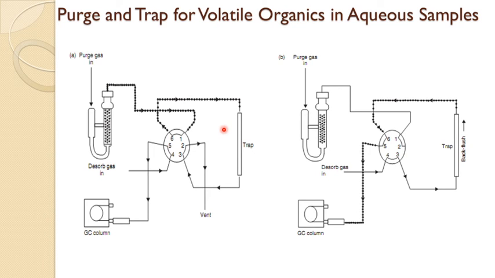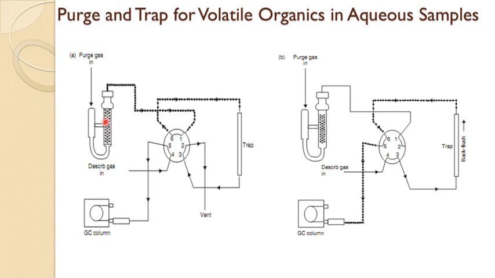Then the most important approach or application, that is the purge and trap for volatile organic compounds in aqueous samples. These are the two diagrams. You can see that the gas chromatographic technique is attached. This is the 6-port valve. Here the purging gas is there. Desorption gas comes to the gas chromatography from this, and here is the vent.